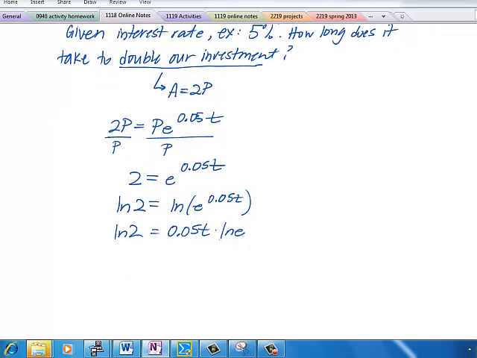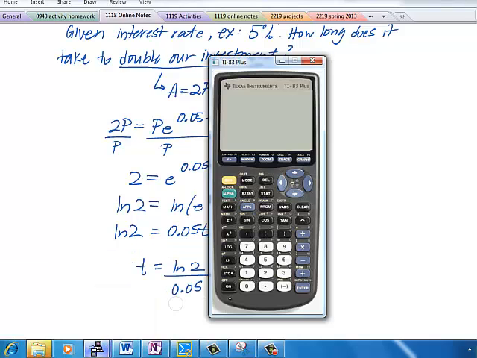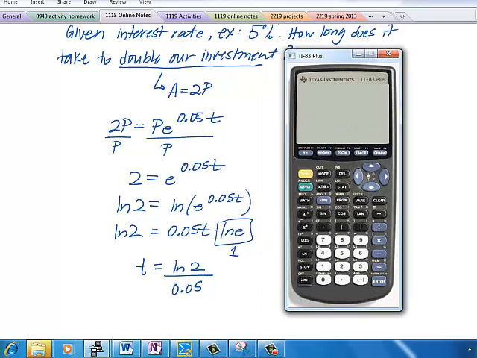And natural log of e, this is just 1. So t would be natural log of 2 divided by 0.05. So about 13.86 years.